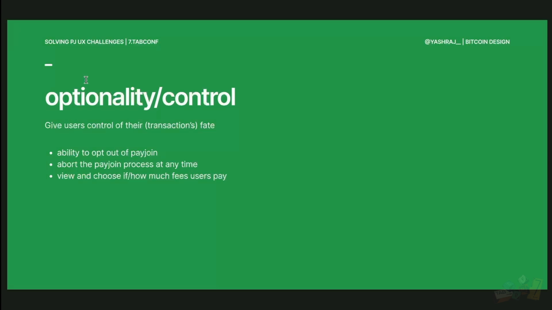So we would assume that the receiver wants to do a PayJoin, but the sender might not be available in the next few hours. In that case, the sender is going to reject it, saying, sorry dude, I can't do it right now, it's not you, it's me, things like that.